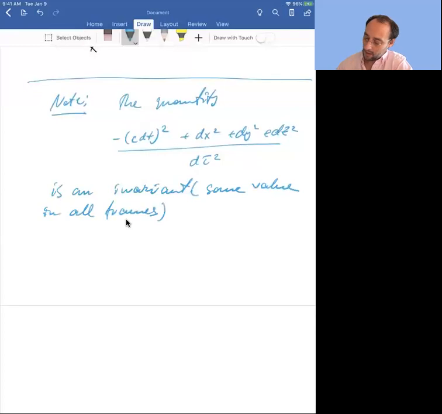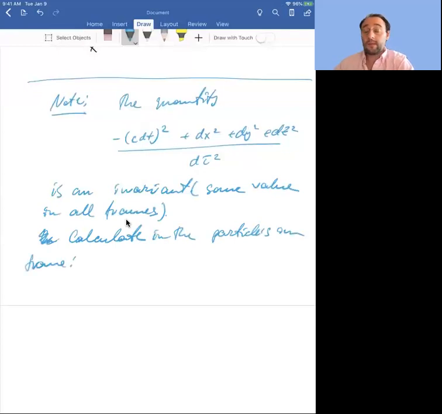Okay, so calculate. Well, in the particle's own frame, dx, dy, and dz equal 0, and dt equals d tau.